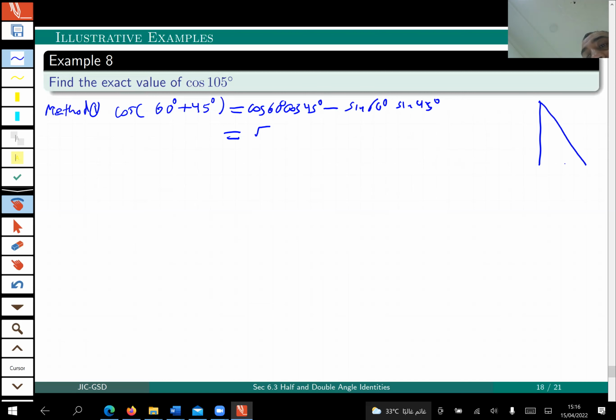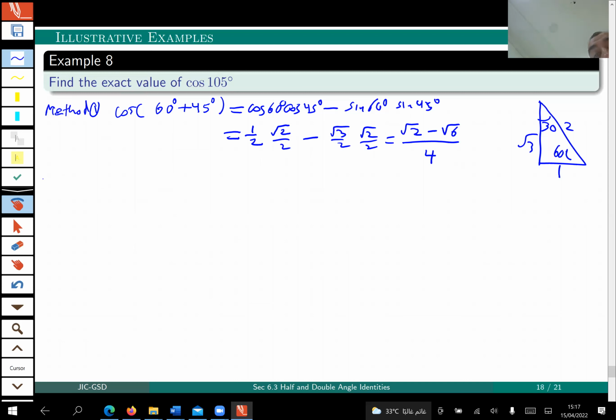If you remember, this is 60, that's 30 to 1 square root of 3. So cosine 60 will be half, cosine 45 is root 2 over 2, sine 45 is root 2 over 2, giving square root of 2 minus square root of 6.